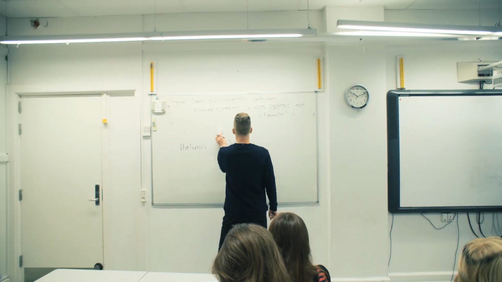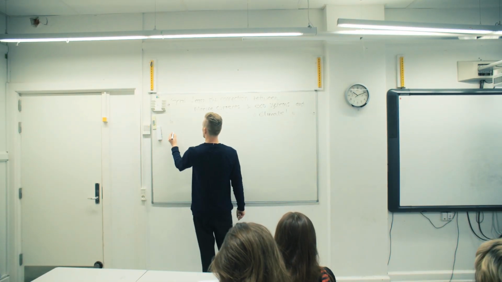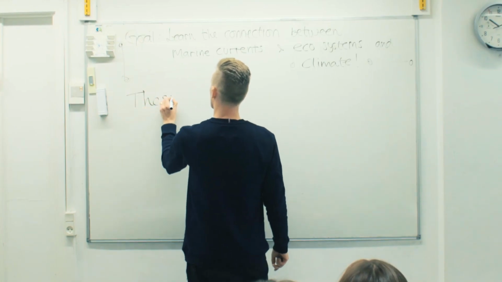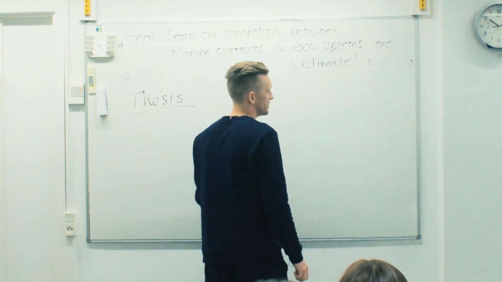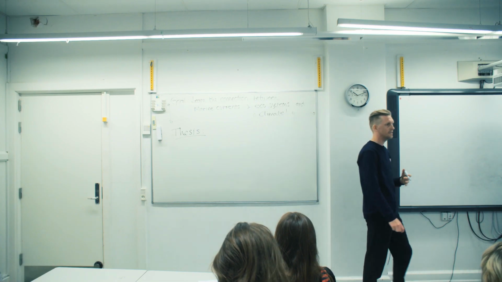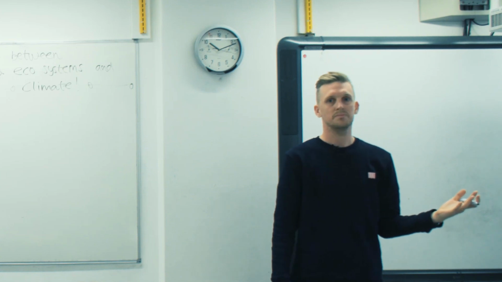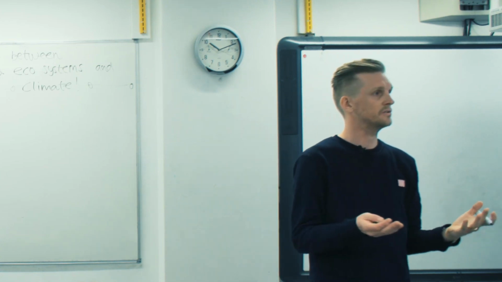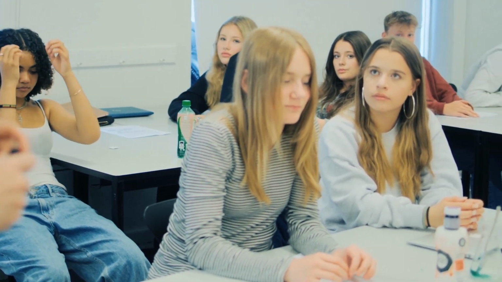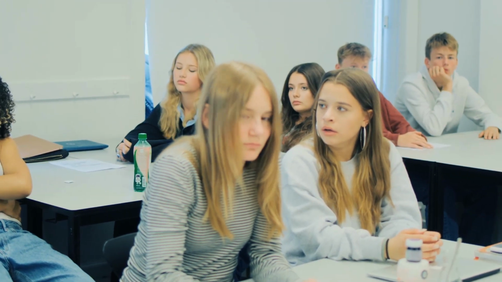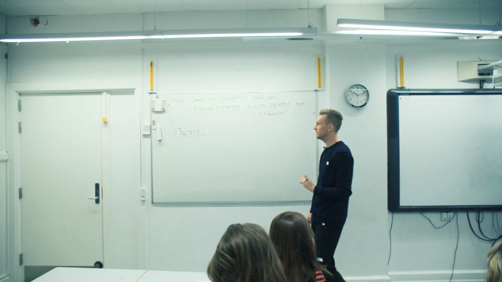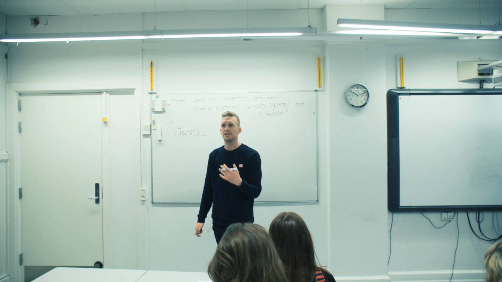Now, can anyone figure out a way to test why water that is warm does something different than cold and saline water? We have some bowls with water here. Can anyone think of any way to test if we have any connection between those?